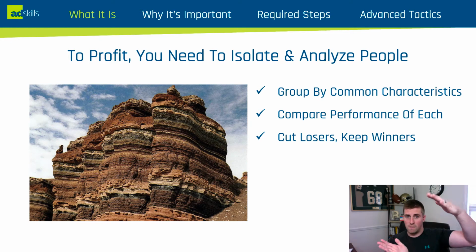So rather than looking just at Facebook traffic from this particular campaign, we're able to segment out the layers and say, let's look at the common characteristics that people share when it comes to these buckets, and we're going to compare them with the performance. So let's say, how does age, if you're 18 to 24, 25 to 34, 35 to 44, impact the chance that you purchase something or you opt in as a lead? That's what we really care about. We'll cut the losers and we'll keep the winners.